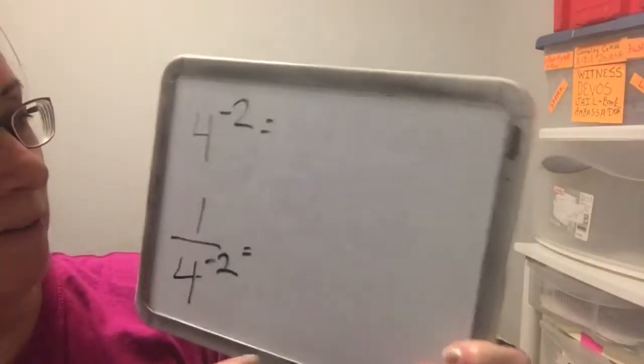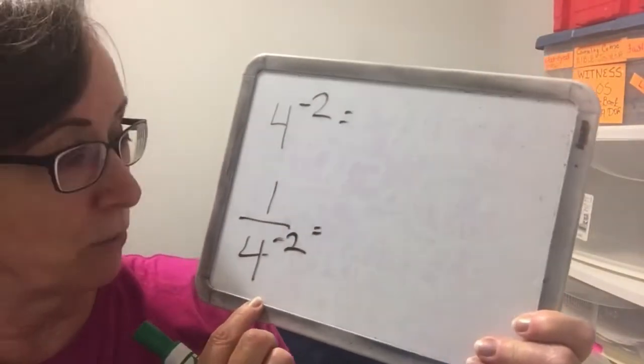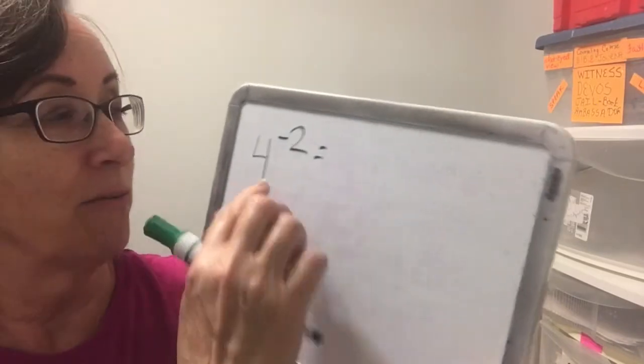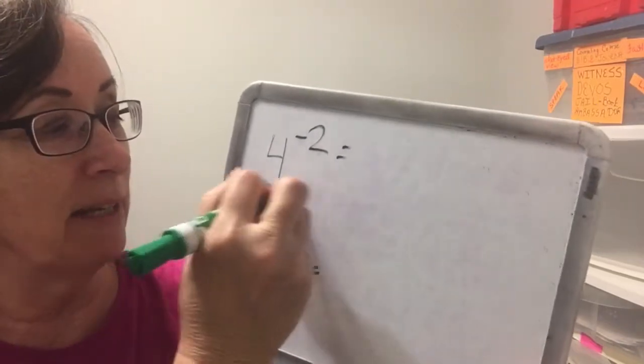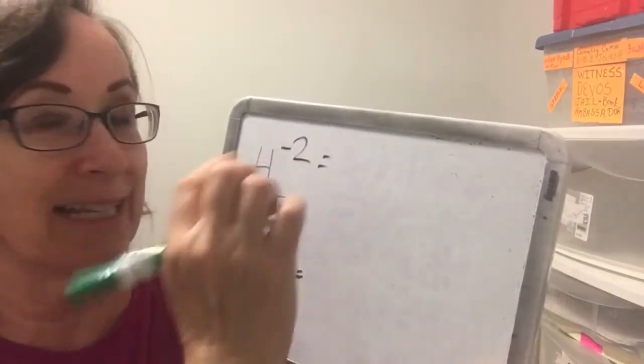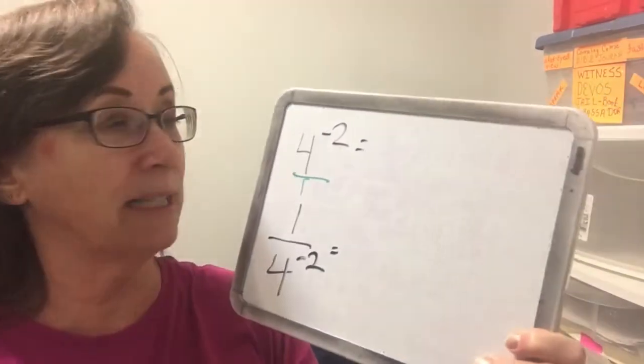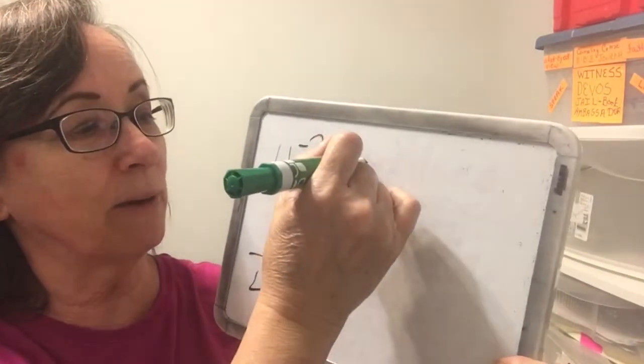So let's see that a little closer here. So here we have 4 to the negative 2 and 1 over 4 to the negative 2. 4 to the negative 2 is in the numerator. Since it's in the numerator and it has a negative exponent, it needs to take a trip down to the denominator. So it's going to go down.